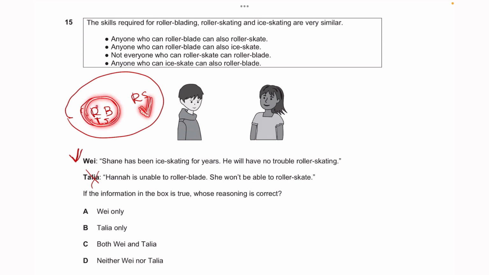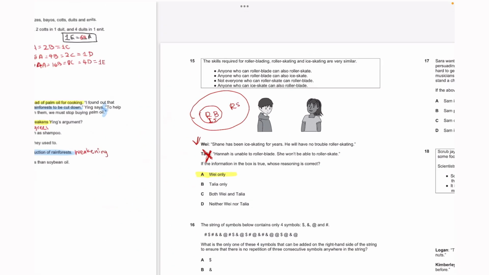Doesn't mean that she has to rollerblade, okay? Because look at it, there are categories where people can roller skate but not rollerblade, and if you rollerblade, then you can roller skate, but it just doesn't go the other way. And so that means that Talia's reasoning is incorrect, but Wei's reasoning is correct. And so if the information in the box is true, whose reasoning is correct? Our answer is A, Wei only. Alright, so that's question 15.